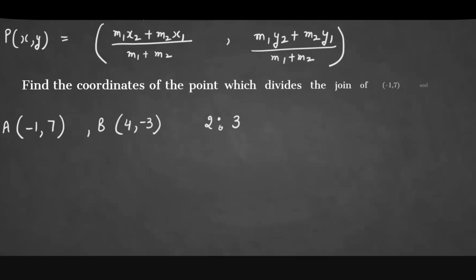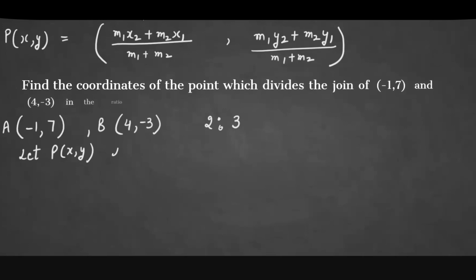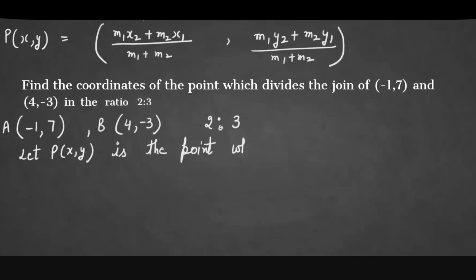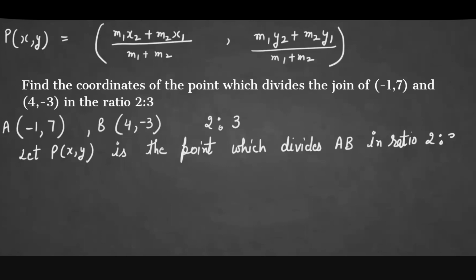So let P(x, y) be the point which divides AB in the ratio 2:3.